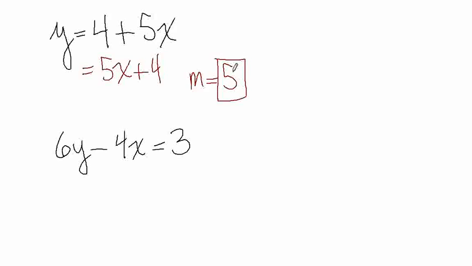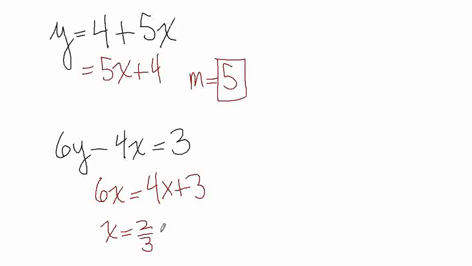And then for the second linear equation, we can move the 4x to the other side, and we can divide by 6. So the slope is 2/3.